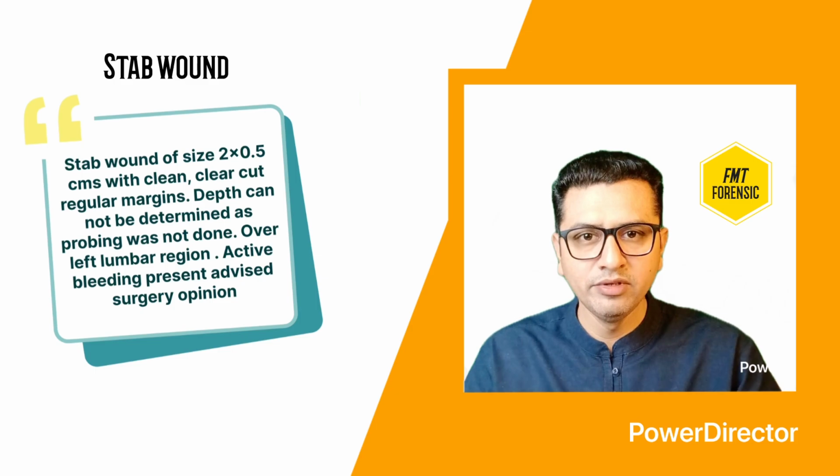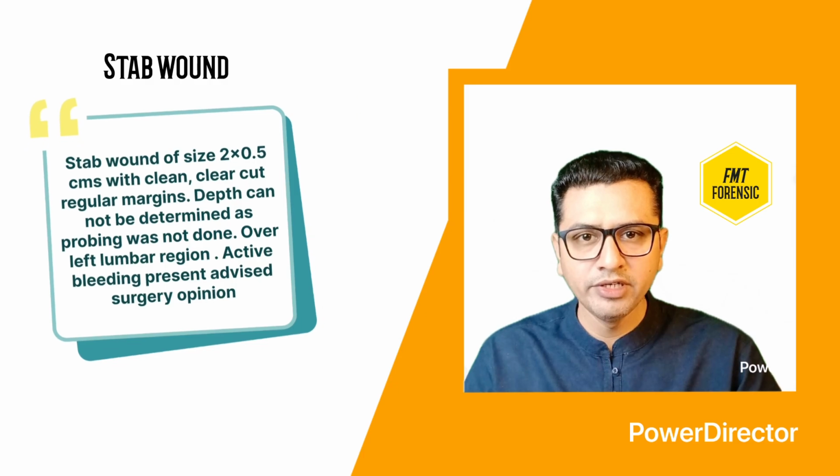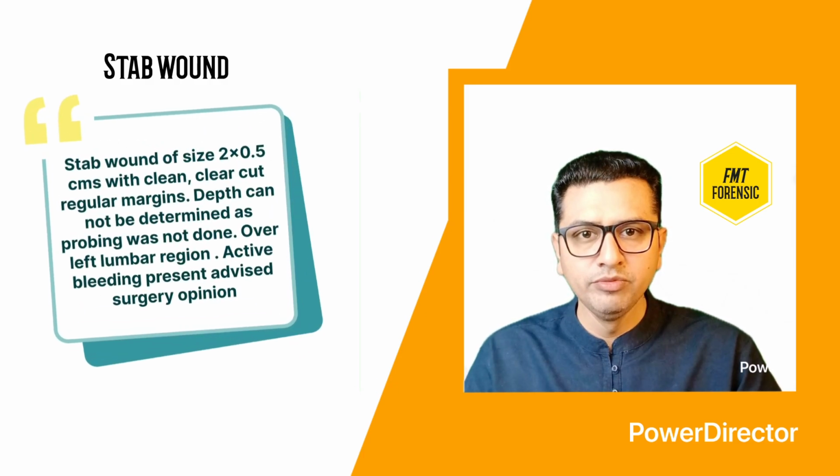For example, a stab wound of size 2 x 0.25 centimeter with clean, clear-cut, regular margins, and depth cannot be determined as probing was not done, and active bleeding present over left lumbar region, and advised surgery opinion, and shirt worn by the patient torn adjacent to the injury.